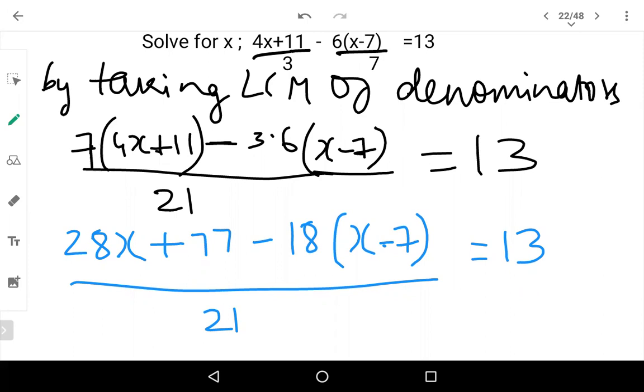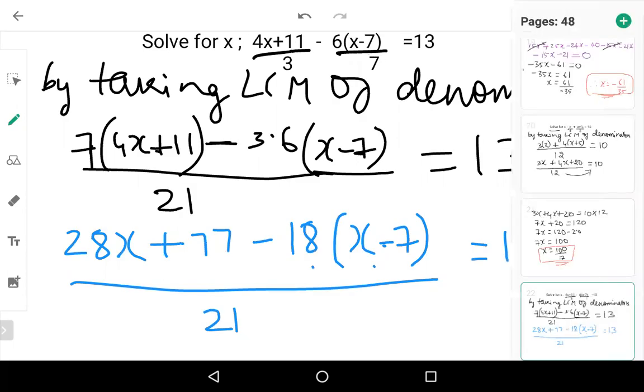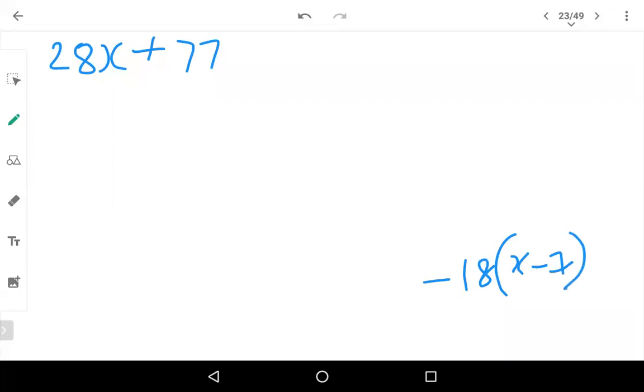Now in the next step, let us multiply this 18 into the expression. So what do we get? 28x plus 77, and then we have minus 18 into x minus 7. So minus 18 into x will give me minus 18x, minus 18 into minus 7.